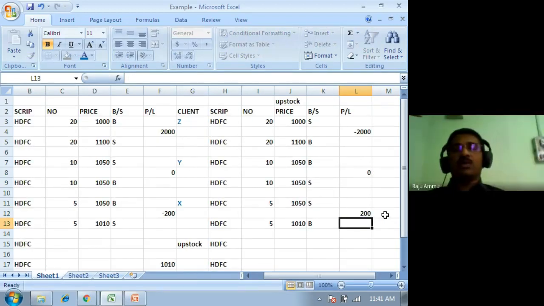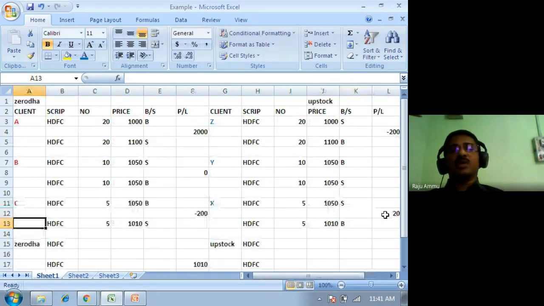Very good. Now let us also imagine, friends, that Zerodha has also entered into some positions in HDFC.